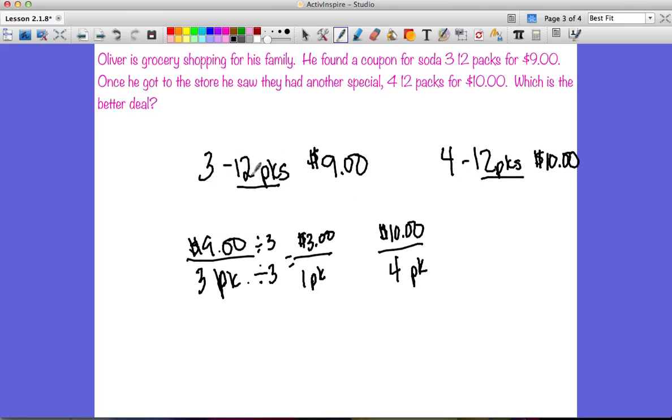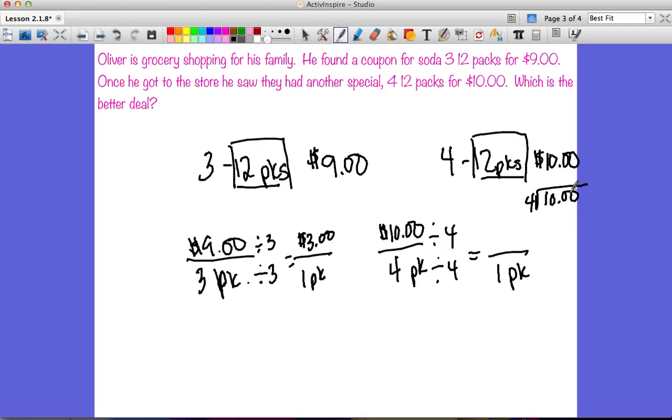And again, I can just use the 3 and the 4 because the pack size is the same. Now on the next one, I have to divide by 4. I do 10 divided by 4, goes in twice, minus the 8 is 2, bring down the 0, bring up the decimal, 4 goes into 20 5 times, minus 20, and 4 goes into 0 0 times.